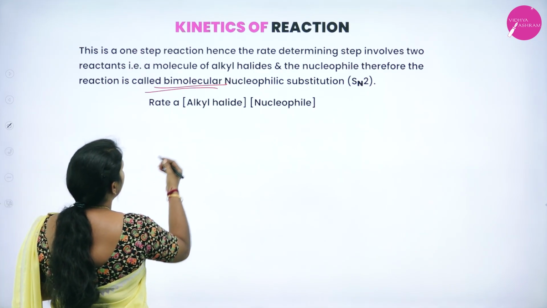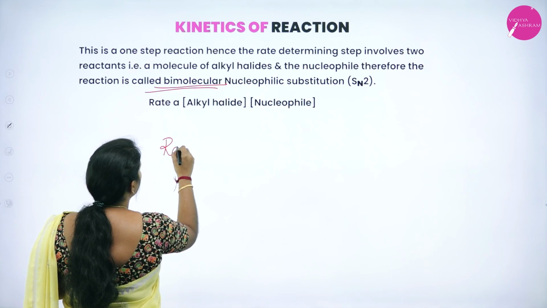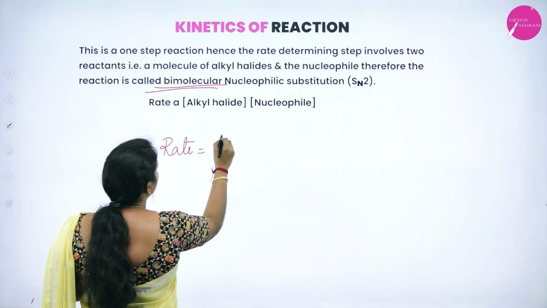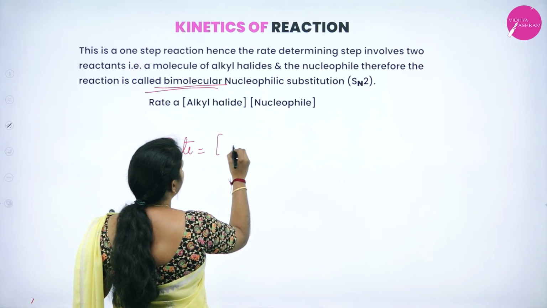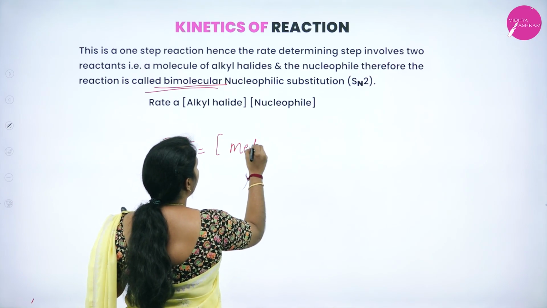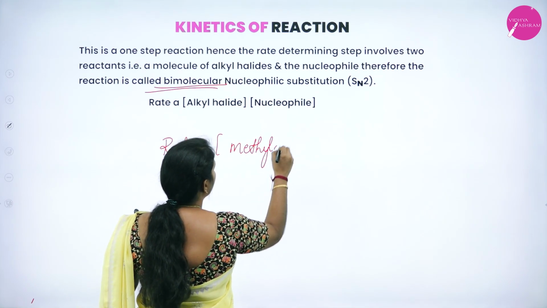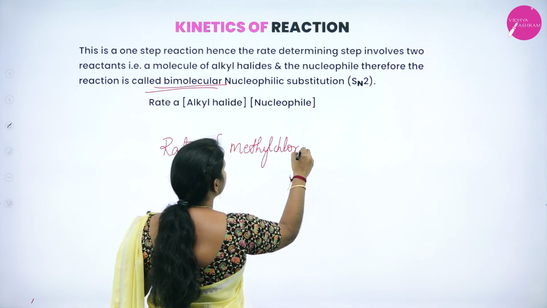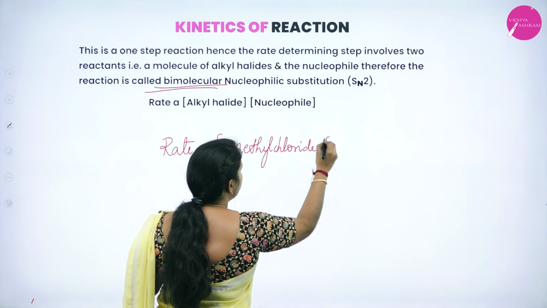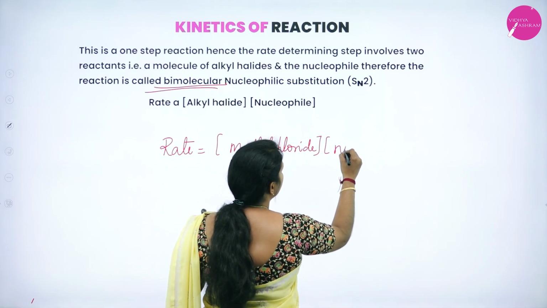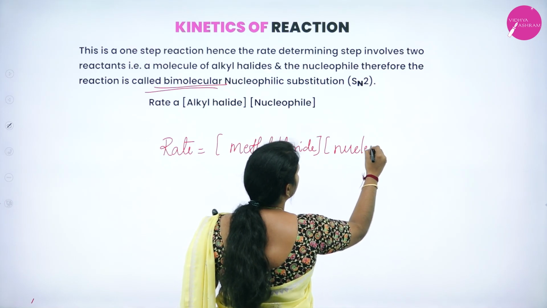So the rate of the reaction can be written as rate equals the concentration of methyl chloride times the concentration of nucleophile.